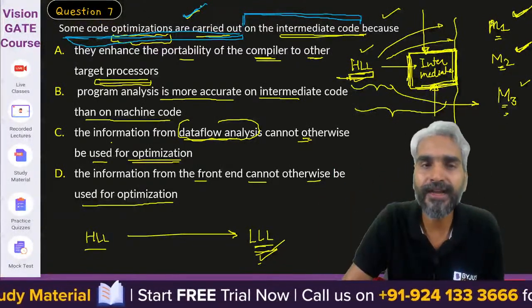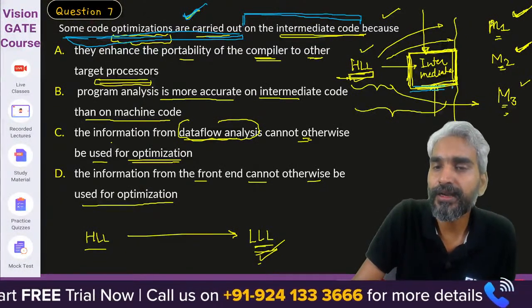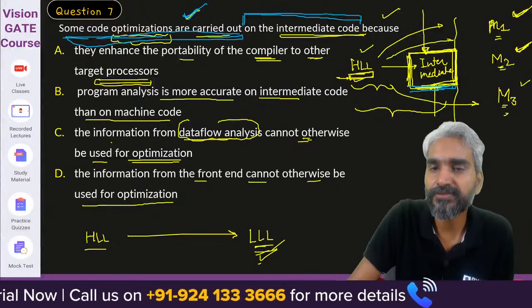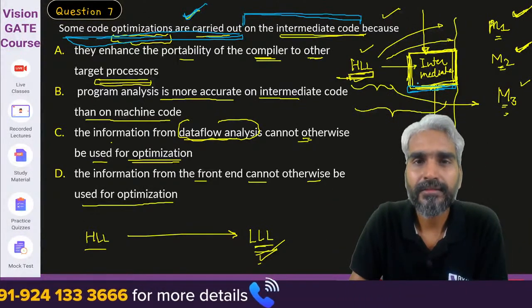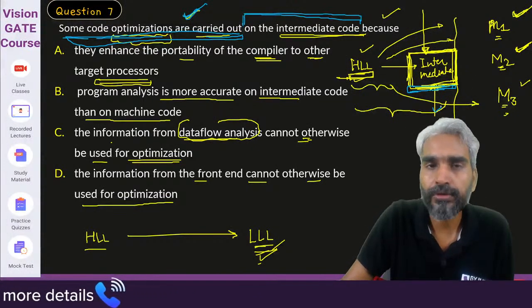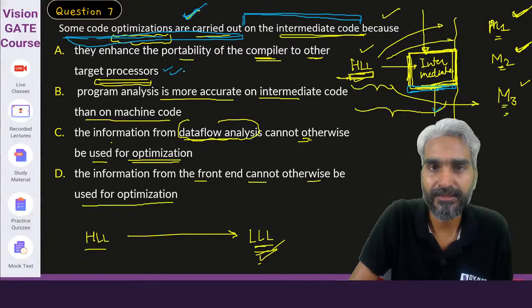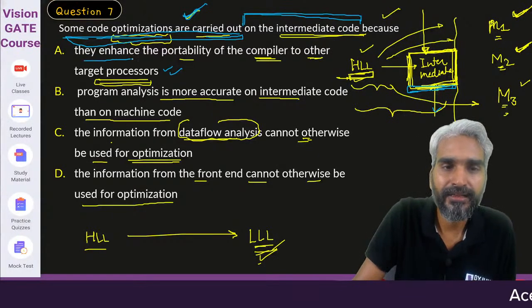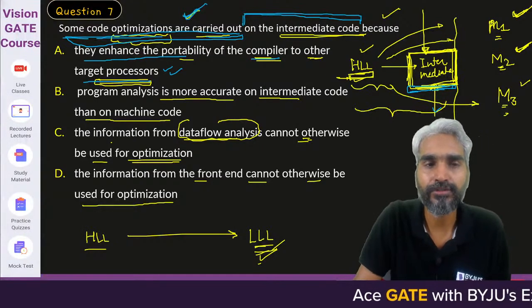If you are performing the optimizations which are machine independent, then you can eventually convert that optimized code into target code with respect to different processors. So yes, it enhances the portability of the compiler to another target processor.